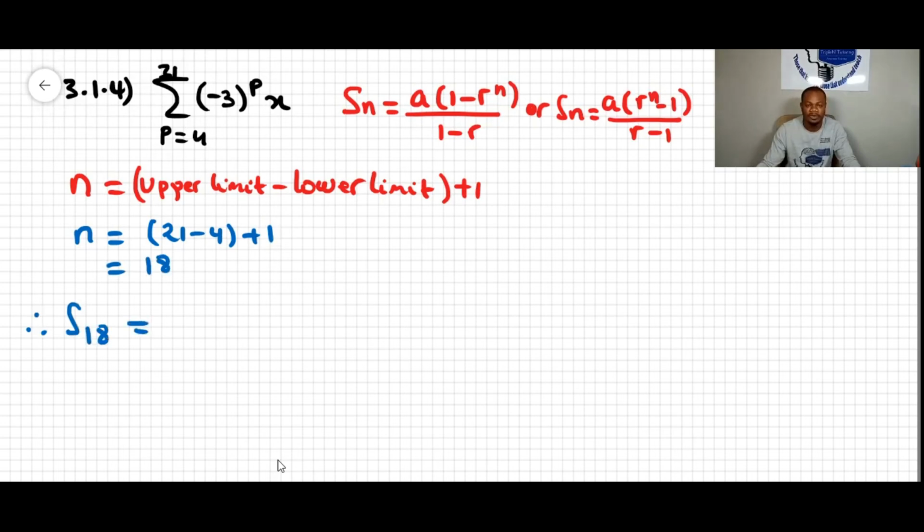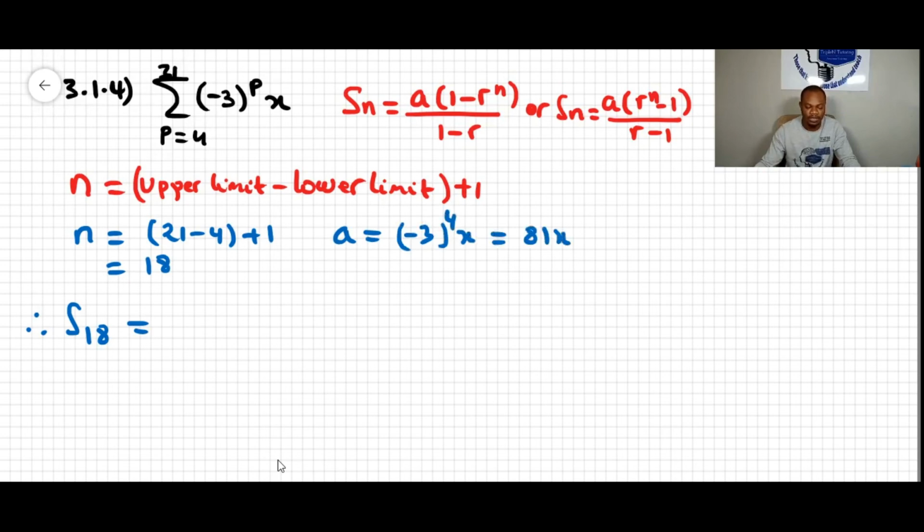The first term, a, is when p equals 4. a will then be -3 to the power of 4 times x, which is 81x.